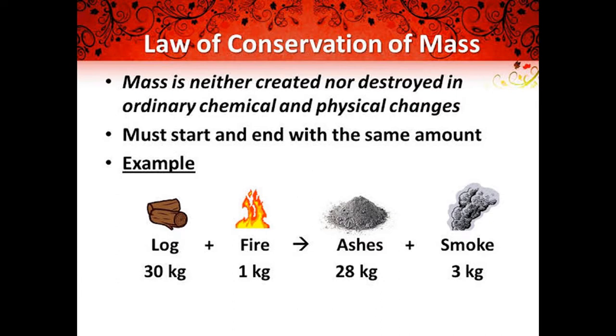What's meant by destroyed means that its mass, which is 30 kilograms, after burning would change to 28 and also the smoke which would be about 2 kilograms. So it means that the matter isn't destroyed.